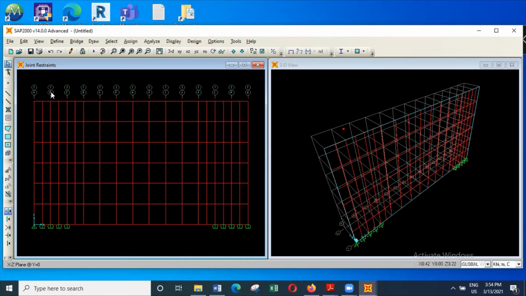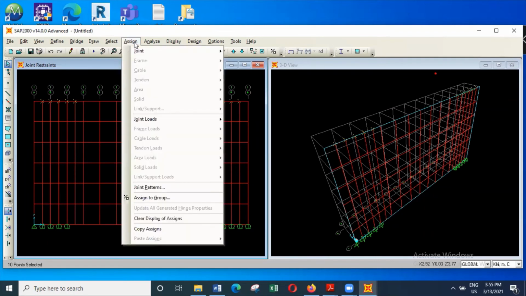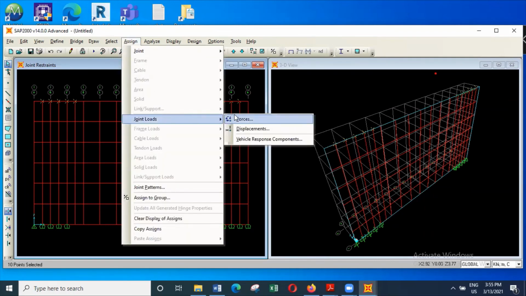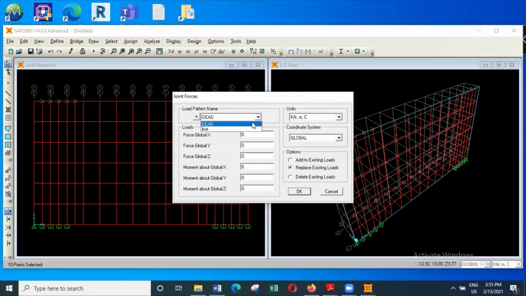And the load is 600. 600 multiplied by 0.2 is 120. So these will actually have a load of 120. Assign joint load of live minus 120.